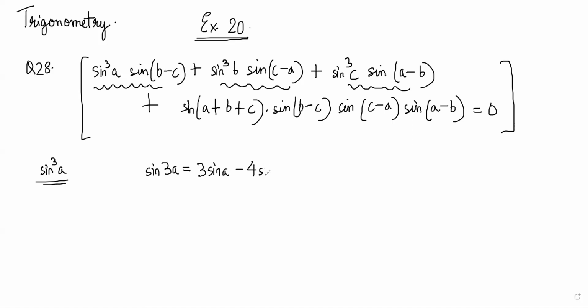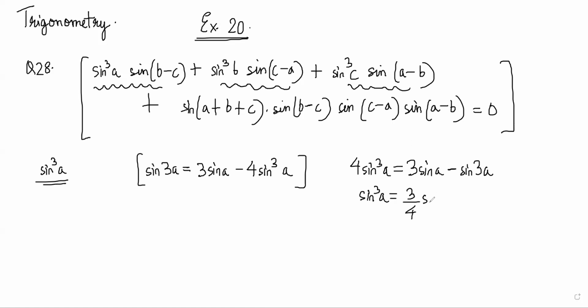This is my identity for sine 3A. So you can say that 4 sine cube A is equal to 3 sine A minus sine 3A. So sine cube A will be equal to 3 by 4 sine A minus 1 by 4 sine 3A, right?